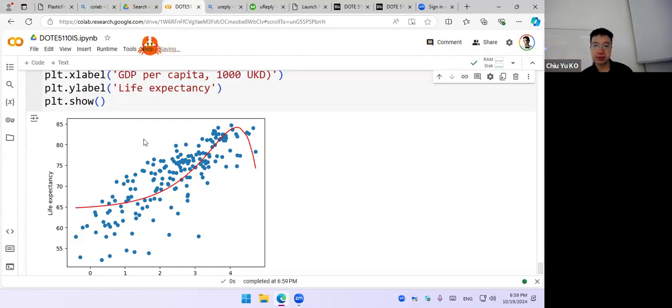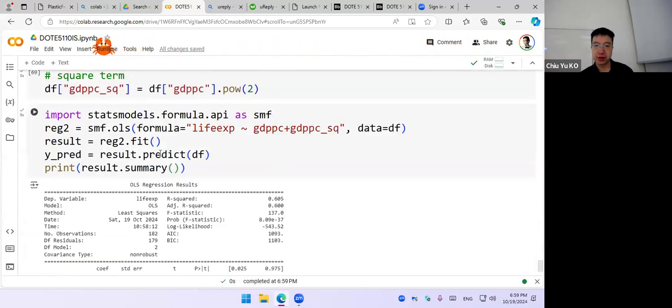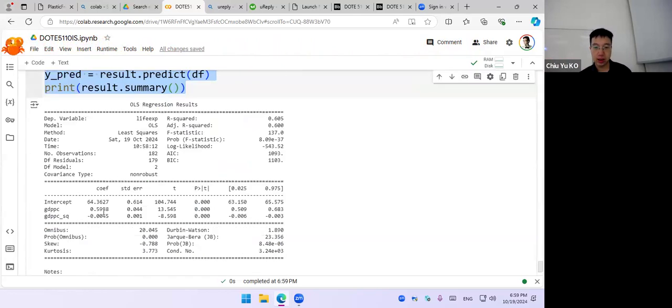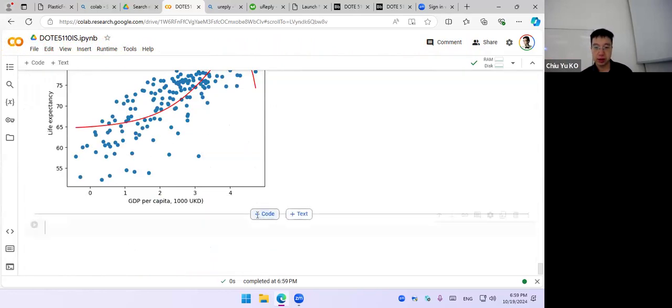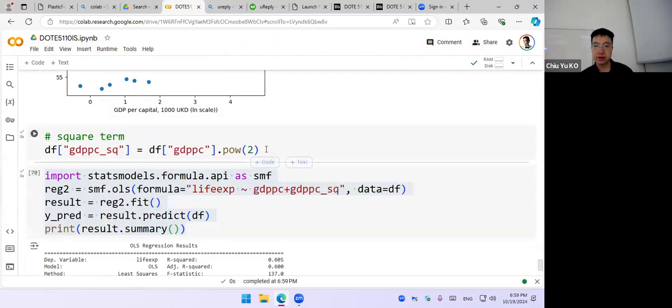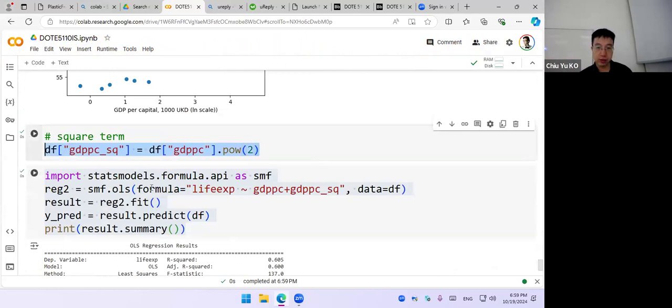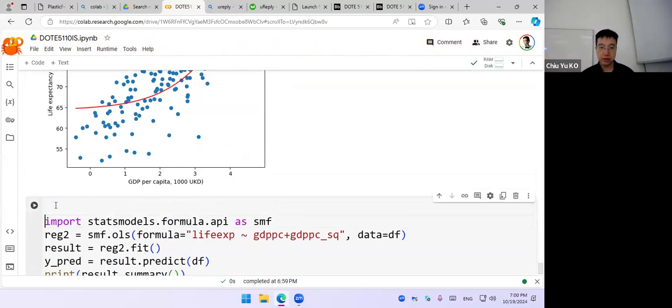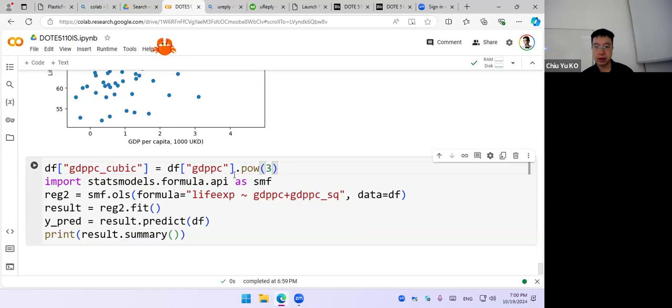So for fun, or may not be fun for you, but let's have the following fun. Okay. So now instead of the square term, with cubic, just for the sake of fun. So you can use cubic power 3, right?